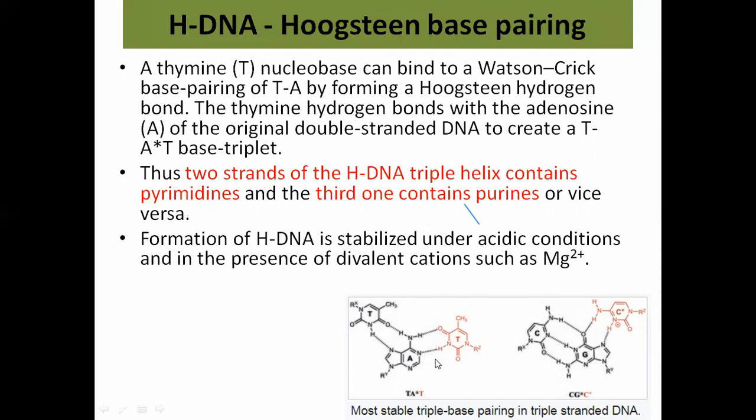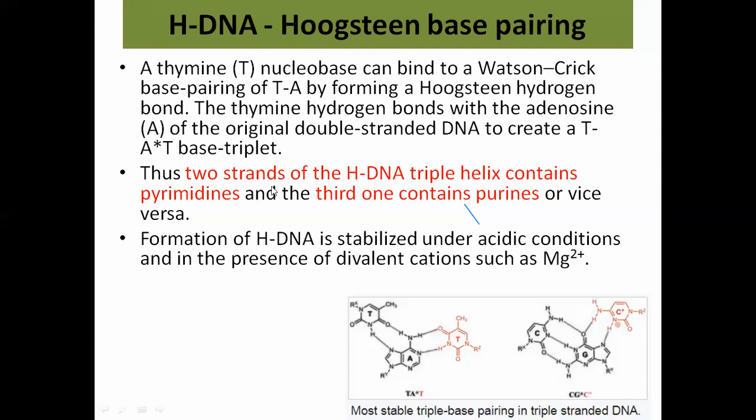This is the normal base pairing between adenine and thymine in the double helical model of DNA, and another thymine comes and binds to this adenine-thymine base pairing by forming a Hoogsteen hydrogen bond. The thymine hydrogen bonds with the adenine of the original double-stranded DNA to create a base triplex.